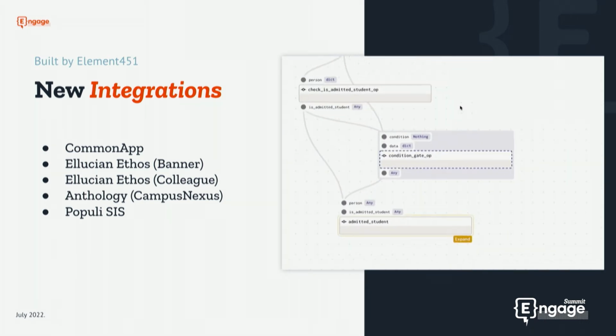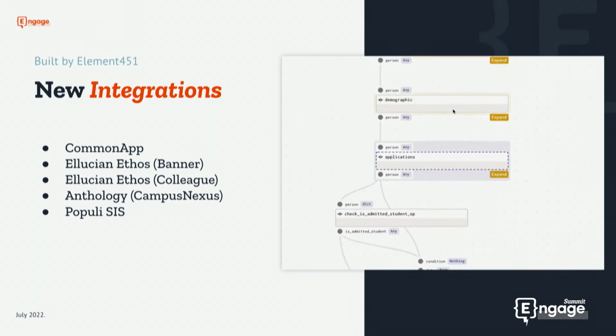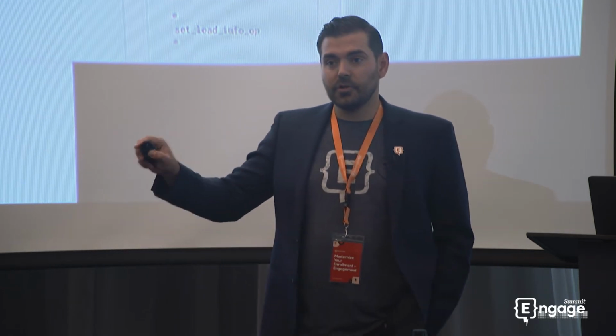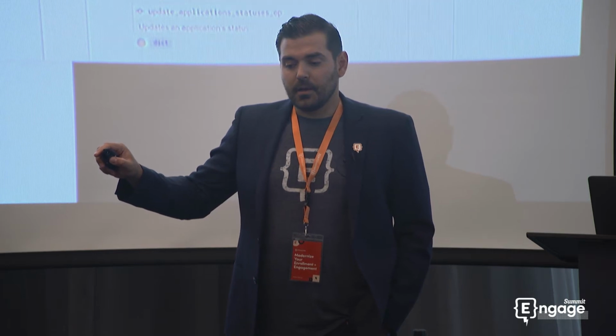So essentially you can say, I want Element to receive all of my applications, all of my data, and then they deliver it to the Element destination. And now we're processing that data, bringing it into Element, and storing everything in one place so you don't have to do anything, right?